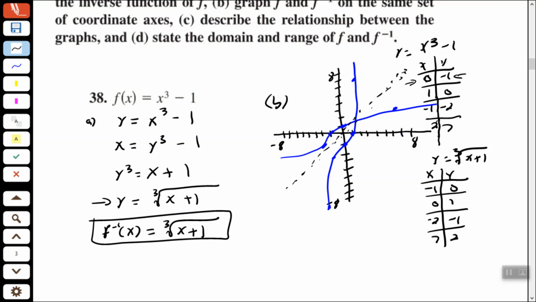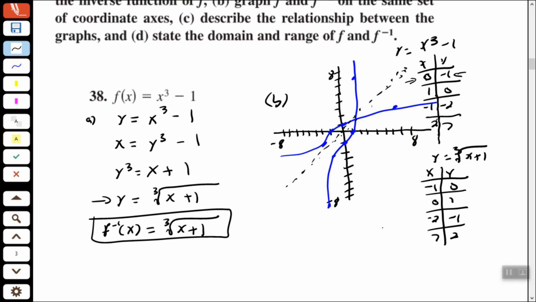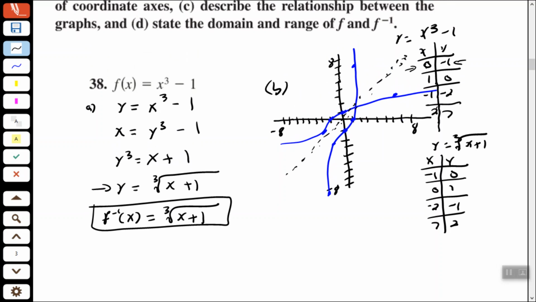That's how you know that the graphs are inverses of each other. Okay, part C says describe the relationship between the graphs. And basically what I just said, the graph reflects over the line y equals x or x equals y.